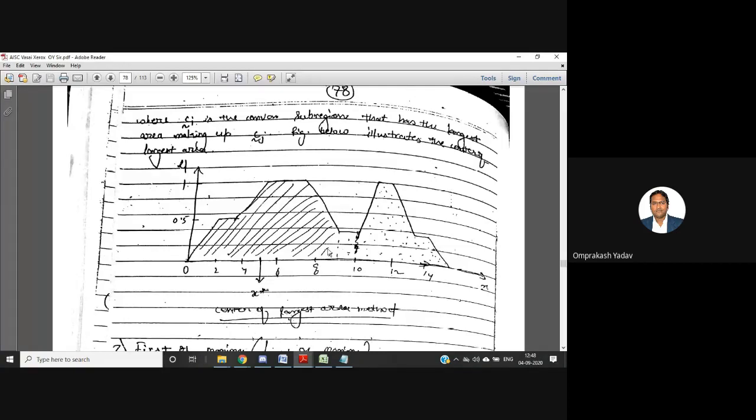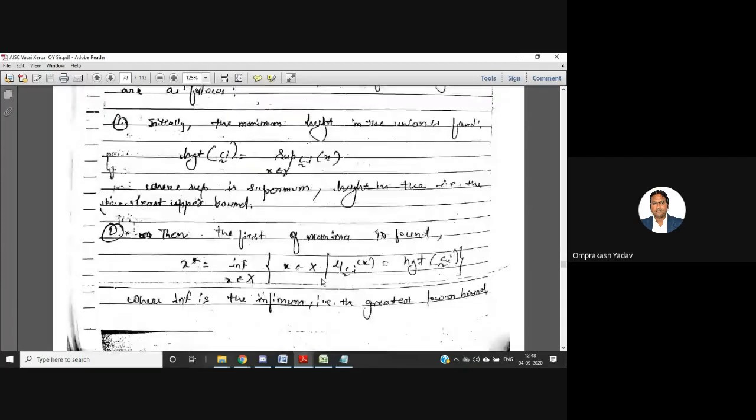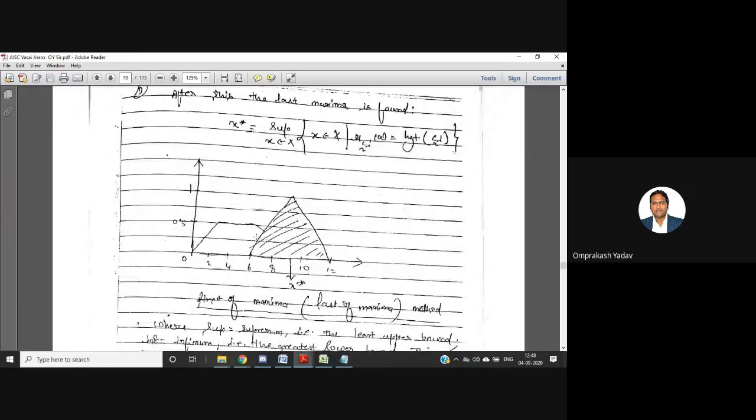Here one more thing: this graph should have at least two convex points. If you see here, one convex is there, and in the second also one convex is there. So this kind of graph must be there. In this method we find, based on our convenience, whether we select the first of maxima or the last of maxima. If we select the last of maxima, this is the last area which is the maximum.